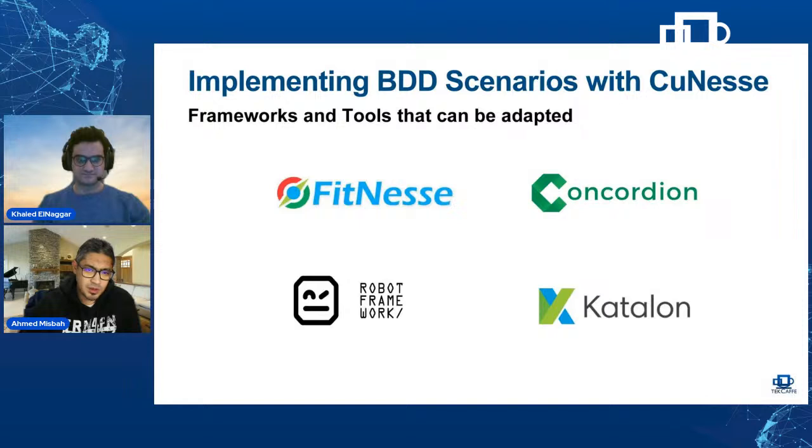So we started looking at tools that offer what Cucumber Studio offers, but that can be adapted to use Cucumber, the framework. We explored FitNesse, Concordion, Robot Framework, and Katalon.